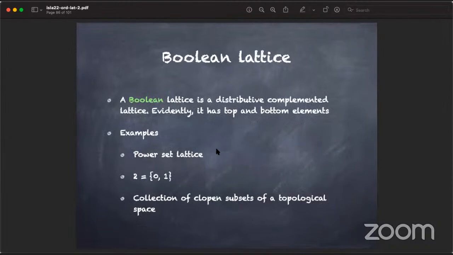Here are some examples. The power set lattice will form a Boolean lattice. The set {0, 1} will also form a Boolean lattice. And another example from topological spaces: the collection of clopen subsets of any topological space will also form a Boolean lattice. Please check them out.